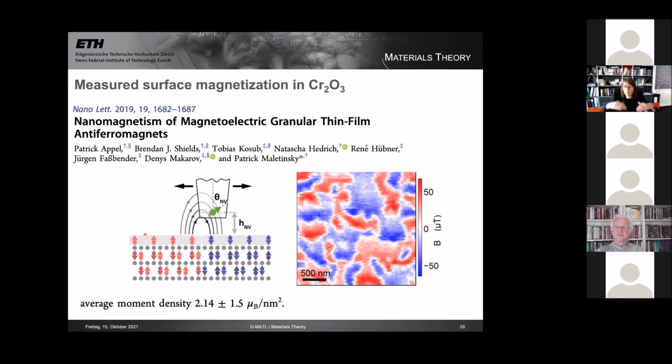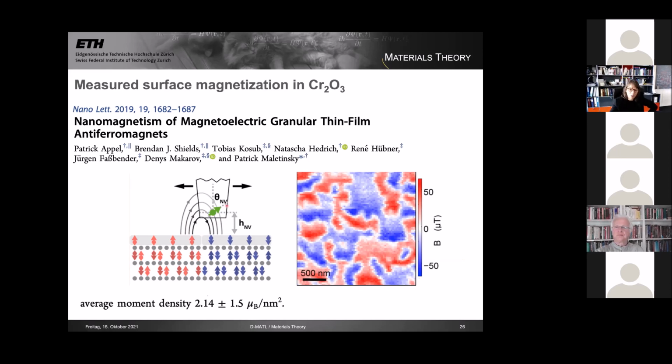Of course you need to have domains, otherwise your surface magnetic field is just exactly parallel and you can't detect it. But Dennis and his colleagues used NV magnetometry in a sample with domains to detect the fringing fields as one went from one domain to another. And here's a map, where red is a domain of one magnetization and blue is a domain of another magnetization.